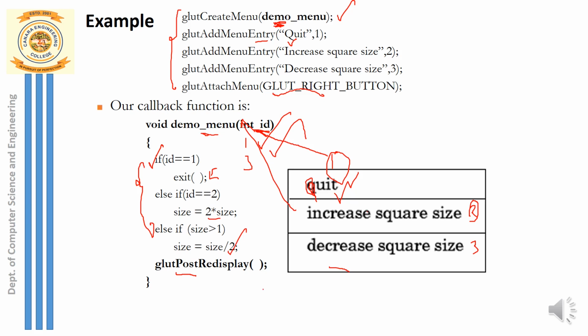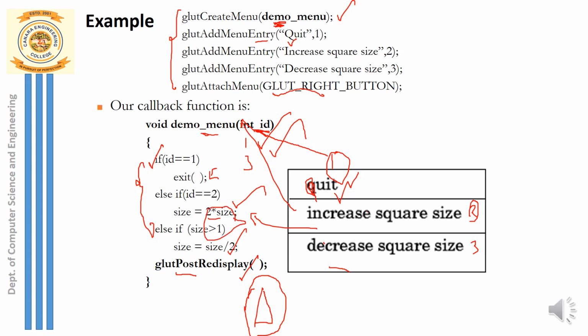Suppose on the screen I have one triangle displayed, and that triangle size should increase if I select this second option. If I select this second option, the triangle size should double. The triangle size will double only when you call the display function, because inside the display function you have defined the entire graphics. So your display function should be called, and this time your triangle will be redrawn with the increased size.